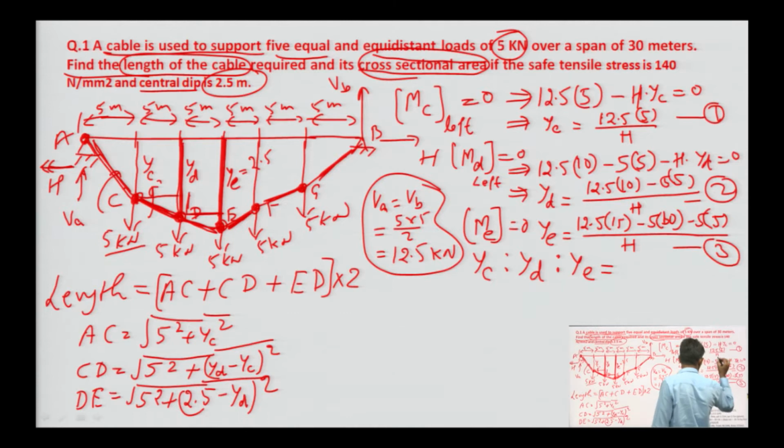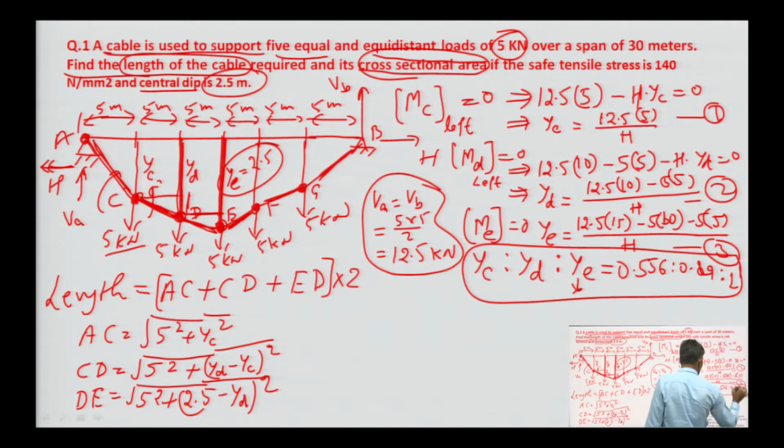The value of YE is known to us, so we take that component as 1. With reference to that, we have the ratio 0.556 to 0.89 to 1. That is the ratio we get with the help of these three values.